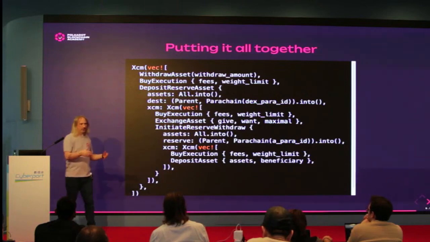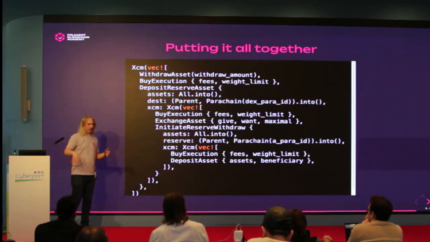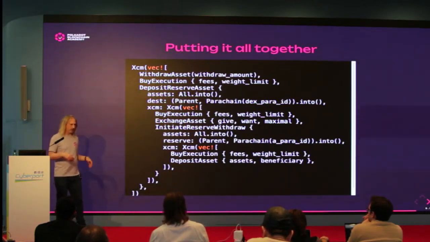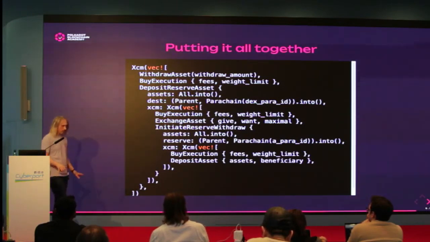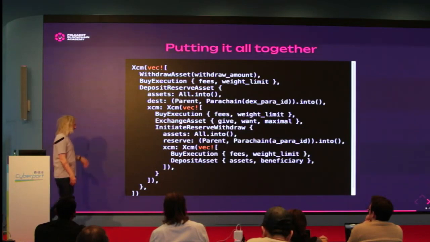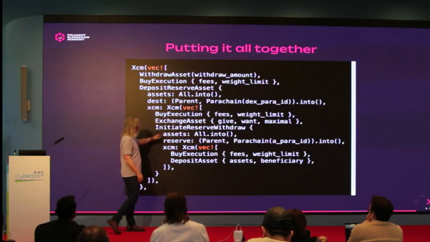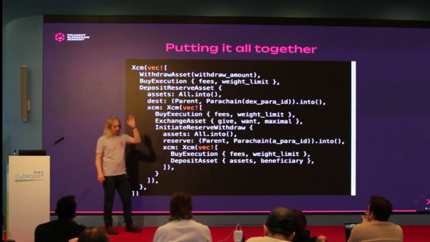Just do a daily check or whatever, look at how much fees tend to be needed, and add a little bit on, and that's probably going to be fine in practice.